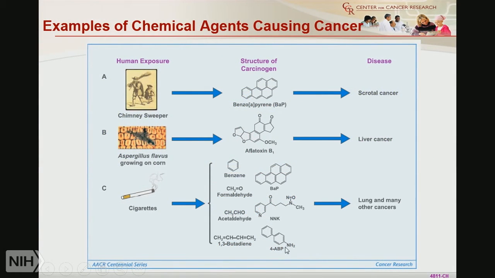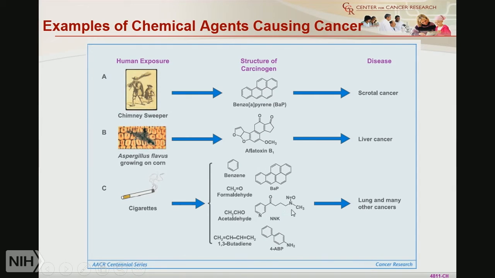So one of the first examples of a connection between exposure to the environment, to carcinogens, and molecular changes came from studies going back many years ago, before we knew about molecular changes, of chimney sweeps having increased risk of scrotal cancer, studies that I and other people have done on Aspergillus flavus, increased liver cancer, and then cigarette smoke.